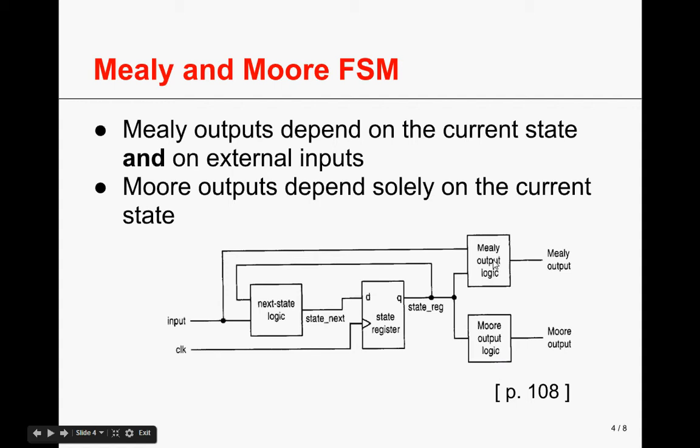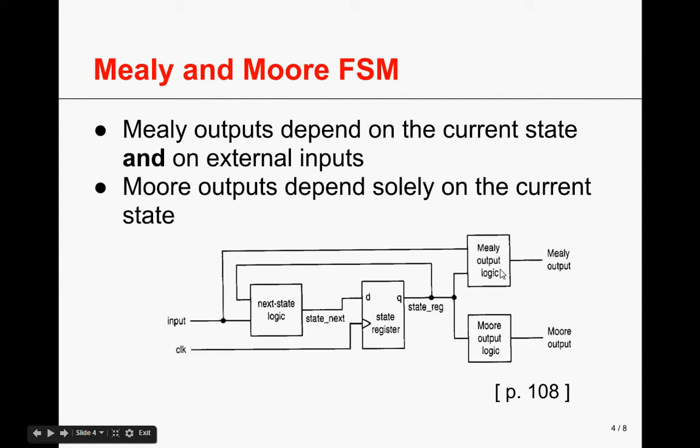Well, the difference here is that we want to differentiate between those outputs that are a function only of the current state, and these will be called Moore outputs. So Moore outputs will change only when the current state changes.